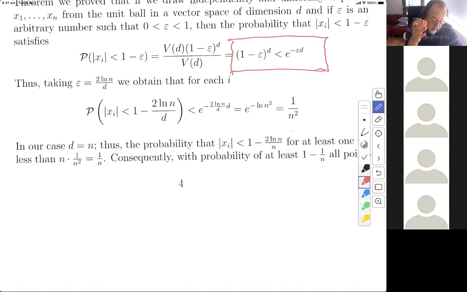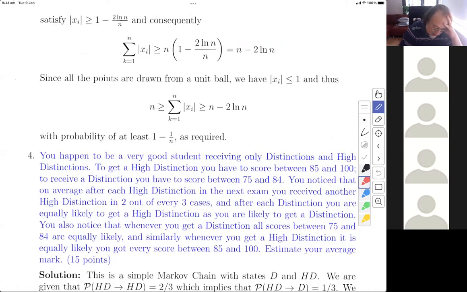So really just basic understanding of the geometry in high dimensional space. So if you understand the lecture notes, solving a problem like this will take you just a few minutes. Okay, so this is about high dimensional space.